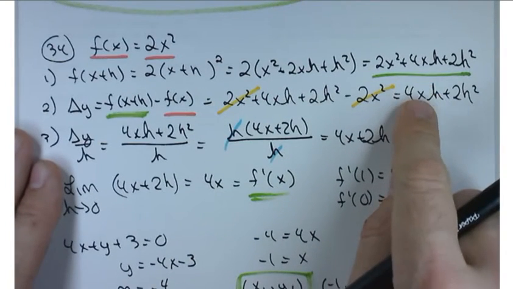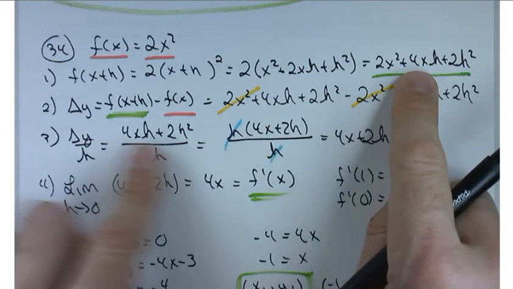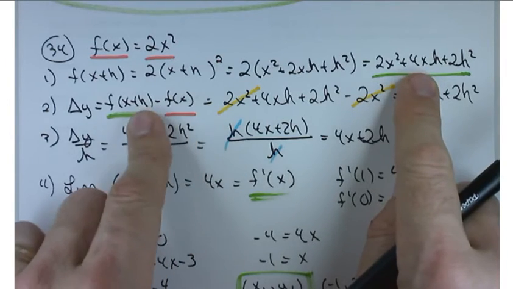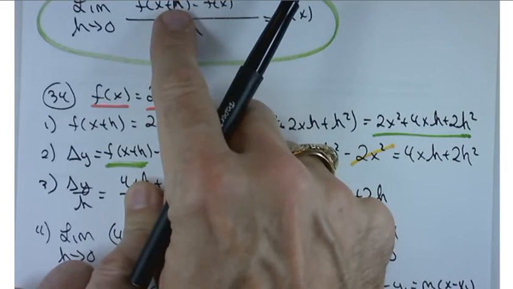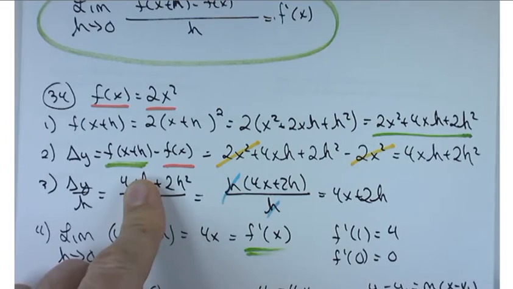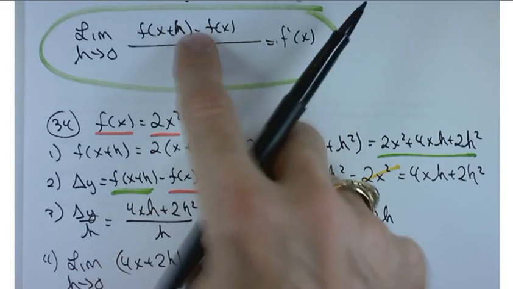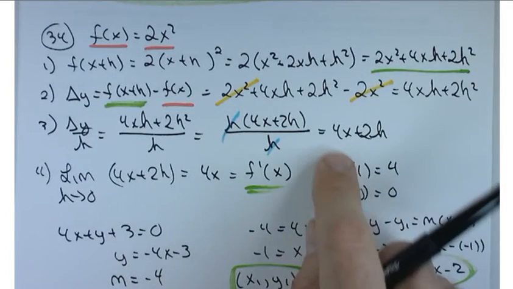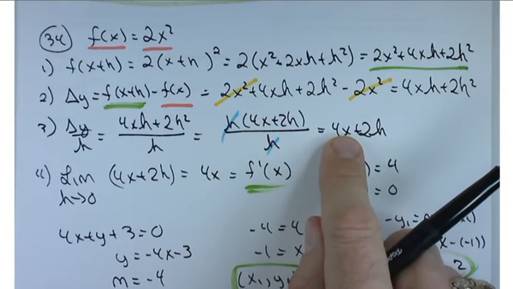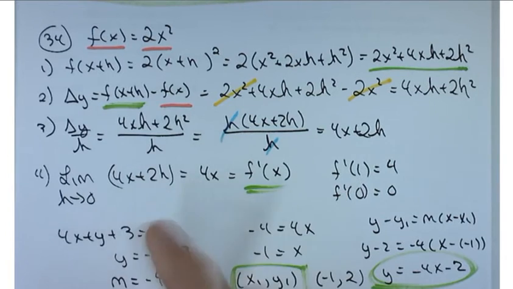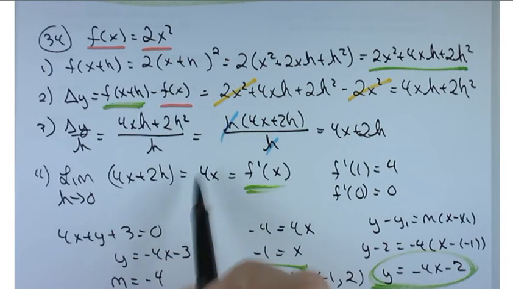We did that. And then we're going to subtract off the f of x. That gives you the numerator part of that limit. Then you simplify the division by h. We got this. And with a little bit of extra work, we took the limit to get f prime.